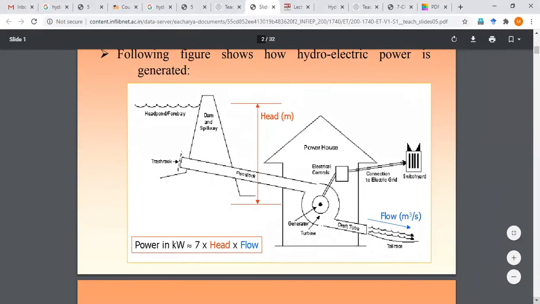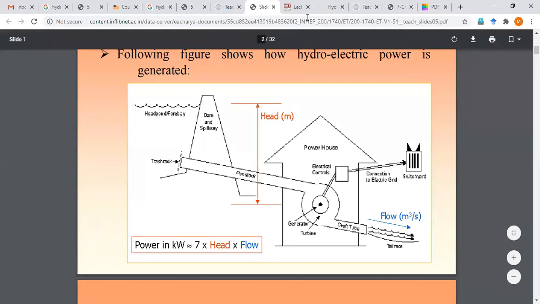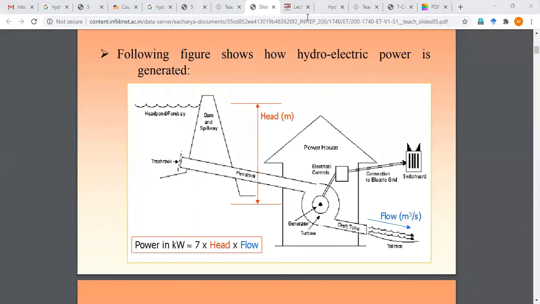This is a generalized, schematic diagram of a hydroelectric power station. This is the area in which the water is stored, a reservoir.